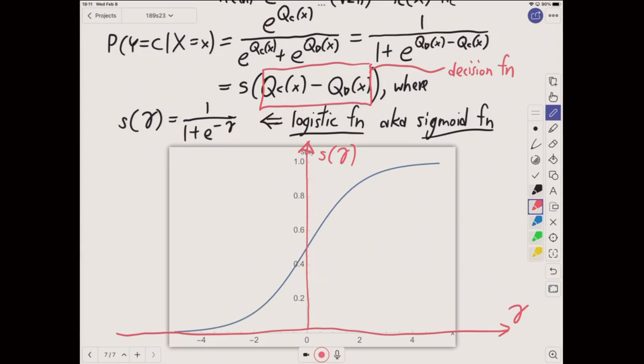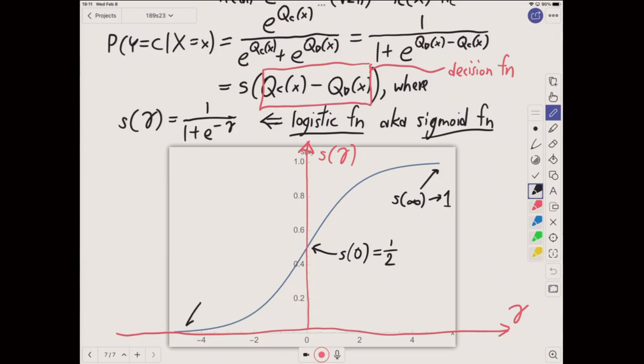A few things worth knowing about it are, first of all, that at 0, it's exactly 1/2. In the limit, as gamma goes to infinity, its upper asymptote approaches 1, but never quite gets to 1, of course.